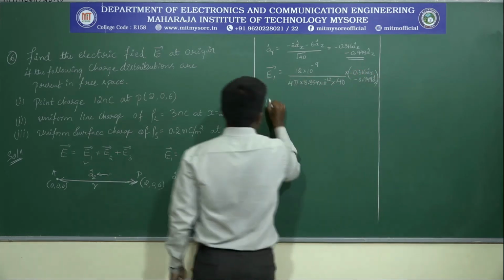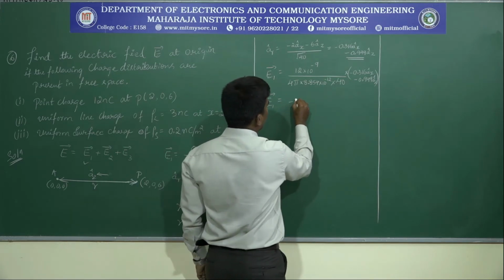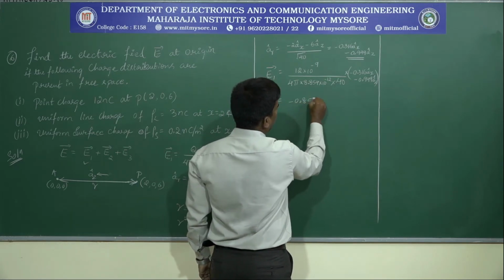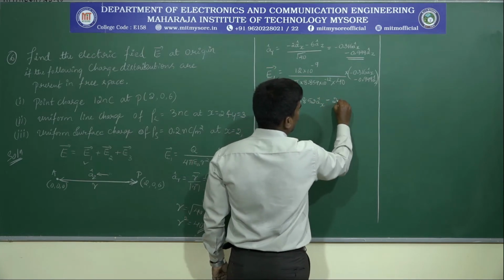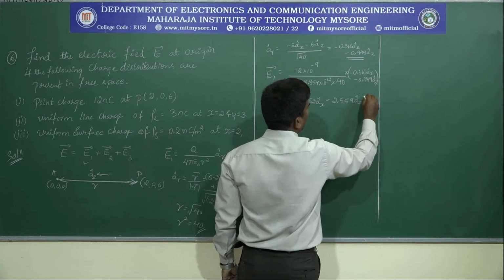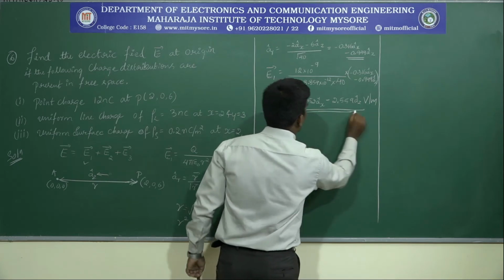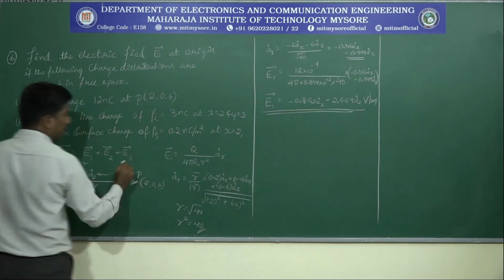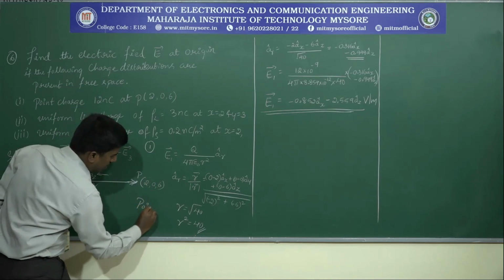By solving this equation, E1 becomes minus 0.852 a cap x minus 2.559 a cap z. What is the unit? Volt per meter. This is E1. This is the first case, for the point charge.